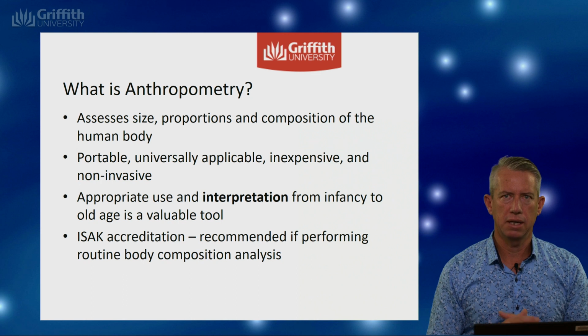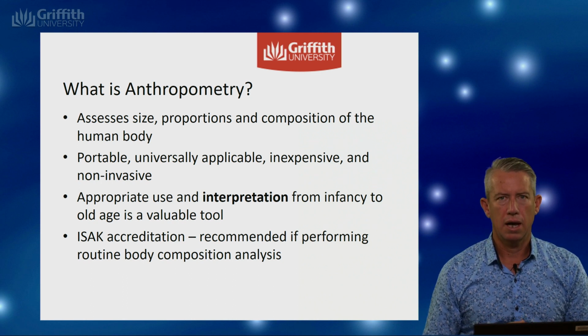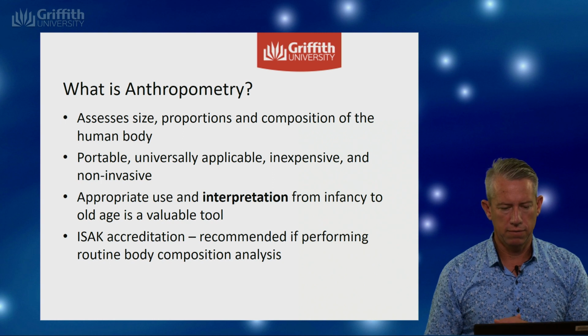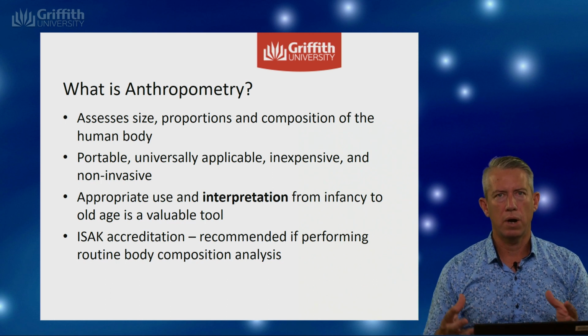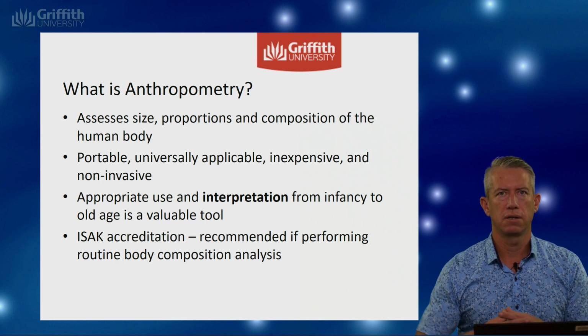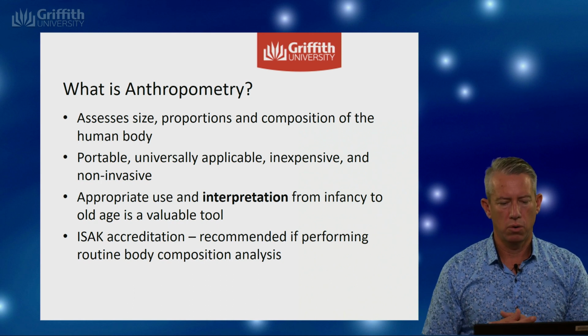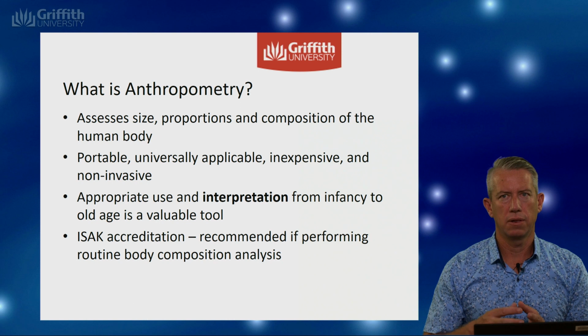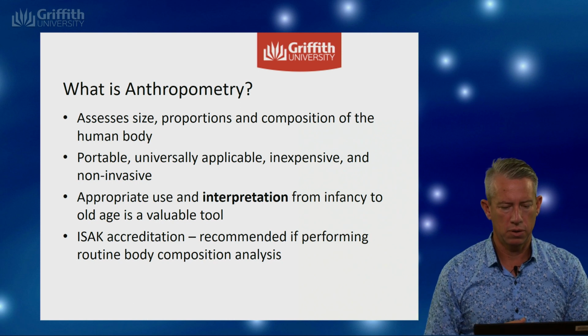Some can be inexpensive, others less so, so we'll talk a little bit about cost, and hopefully they're also non-invasive. They're used in interpretation of a whole range of conditions and contexts from birth right through to old age, and the serial nature of some of these measures can be very important. We'll show you some of that as well.